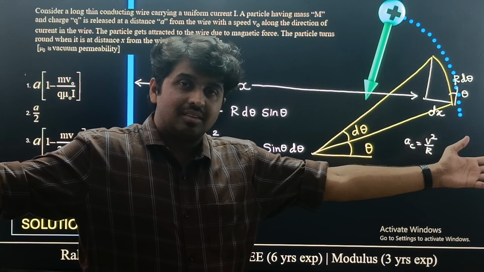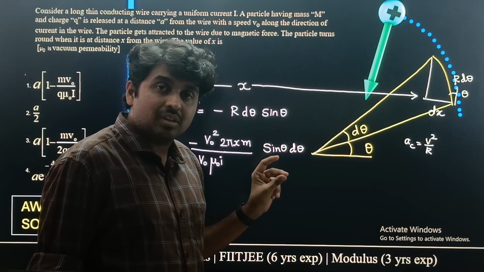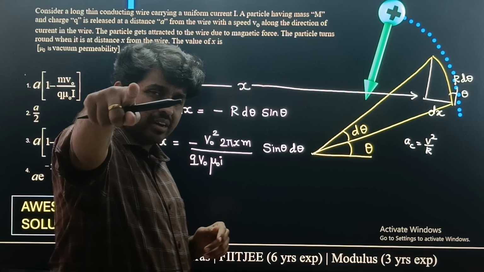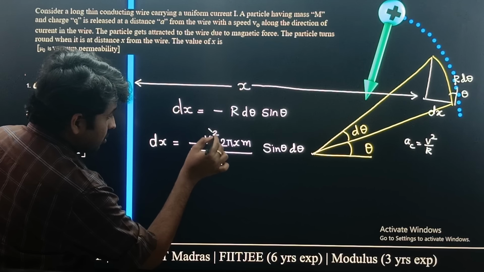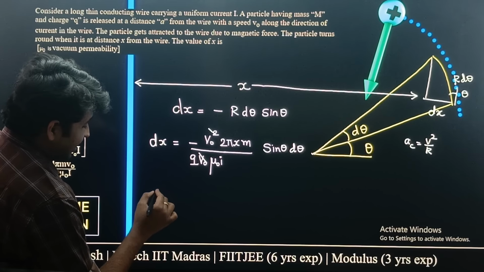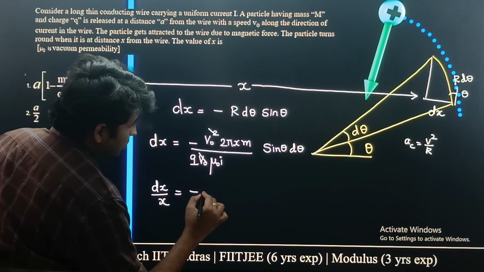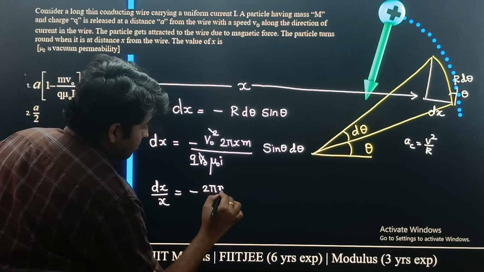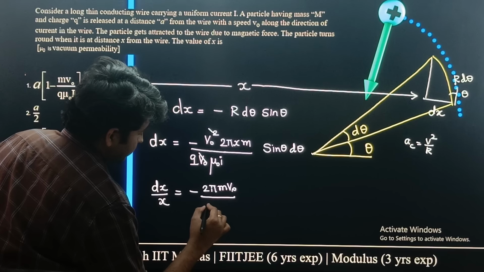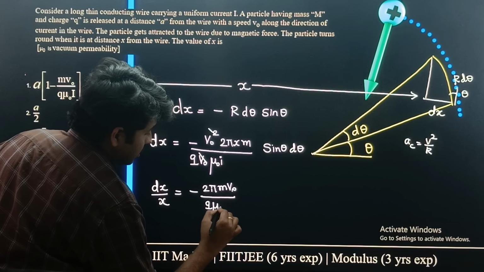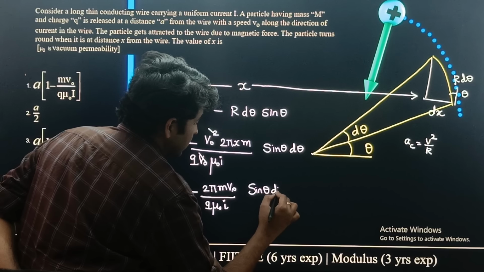That's it. We have got a relation between x and theta. Now if you just put the limits, the question is completed. So let us put the limits here. See, we can now cancel out v naught here, and dx by x equal to negative 2 pi m v naught by q mu naught I, sine theta d theta.